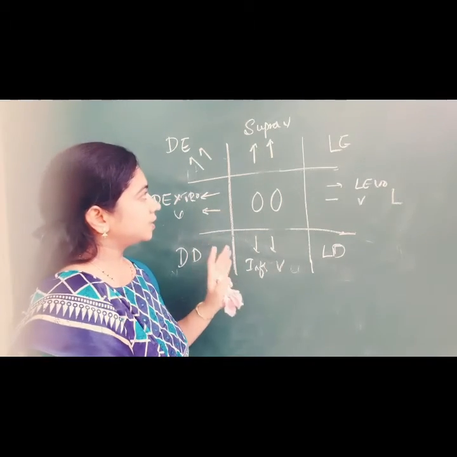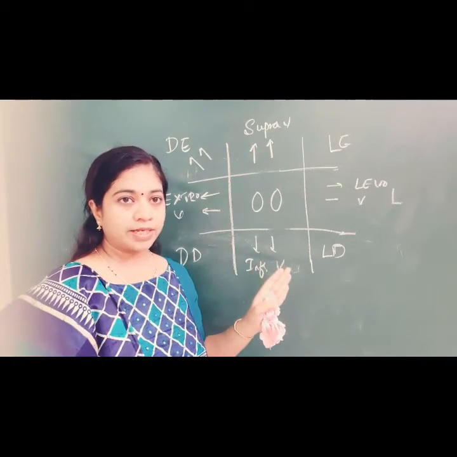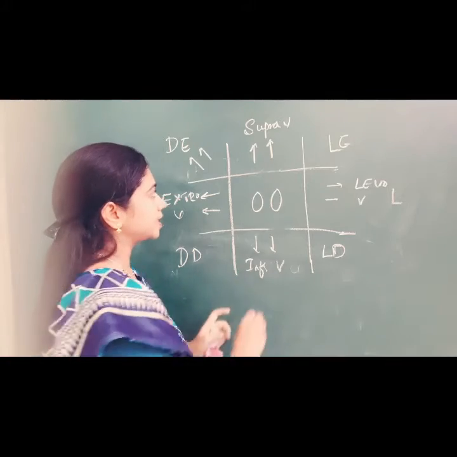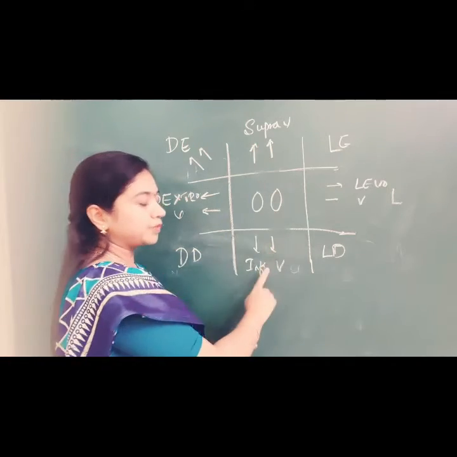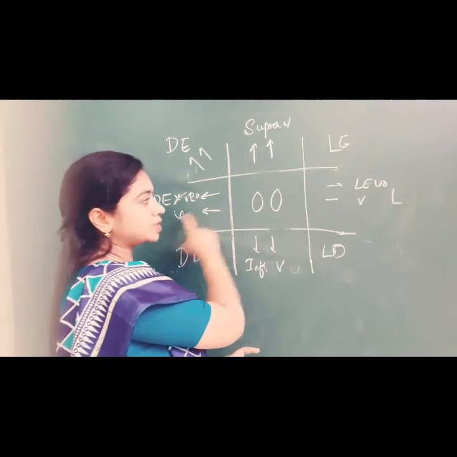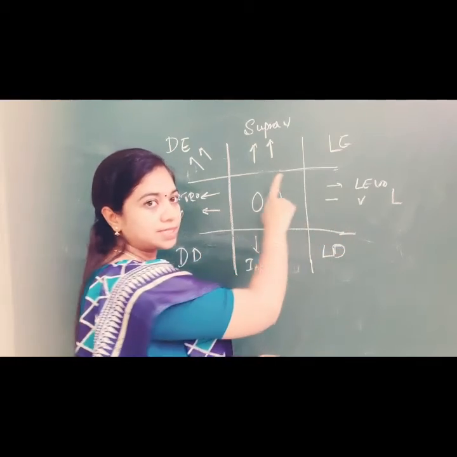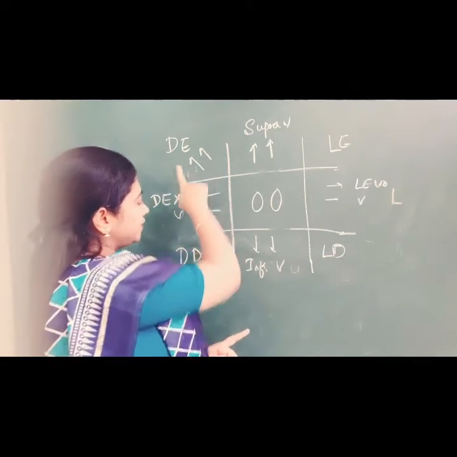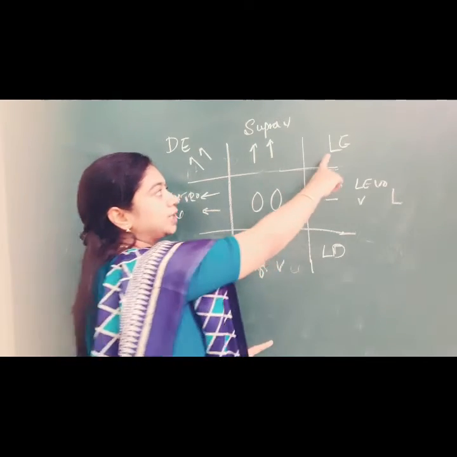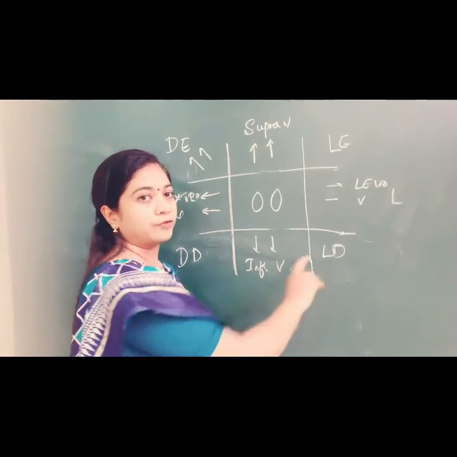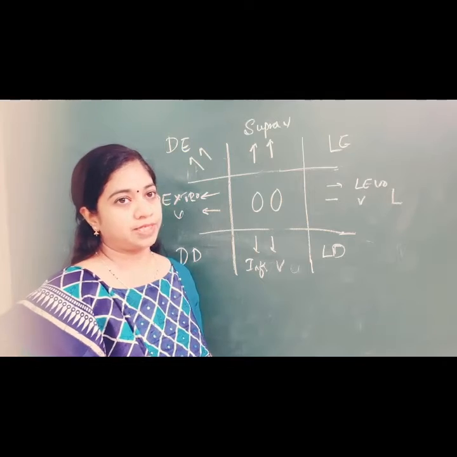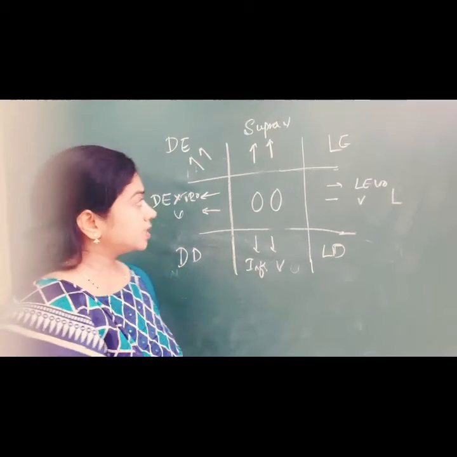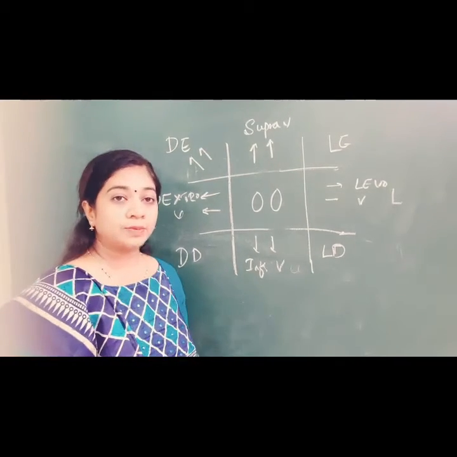In this, there is something called as primary position, which I already explained. The secondary positions of gaze are the supraversion, infraversion, direct towards the right and direct towards the left. These are secondary positions of gaze. And these four, that is dextro elevation, dextro depression, levo elevation and levo depression, form the tertiary positions of gaze. Okay. And there is one more word called as the cardinal positions of gaze.